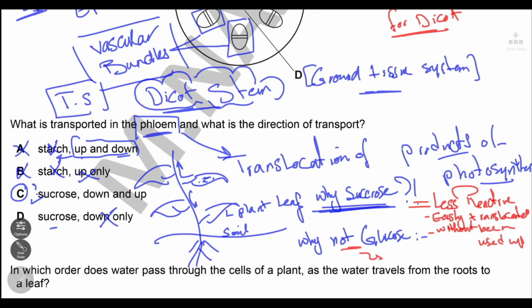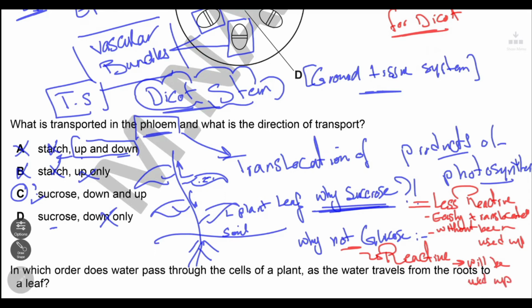Why not glucose? Because glucose is highly reactive, so it will be used up by the cells.